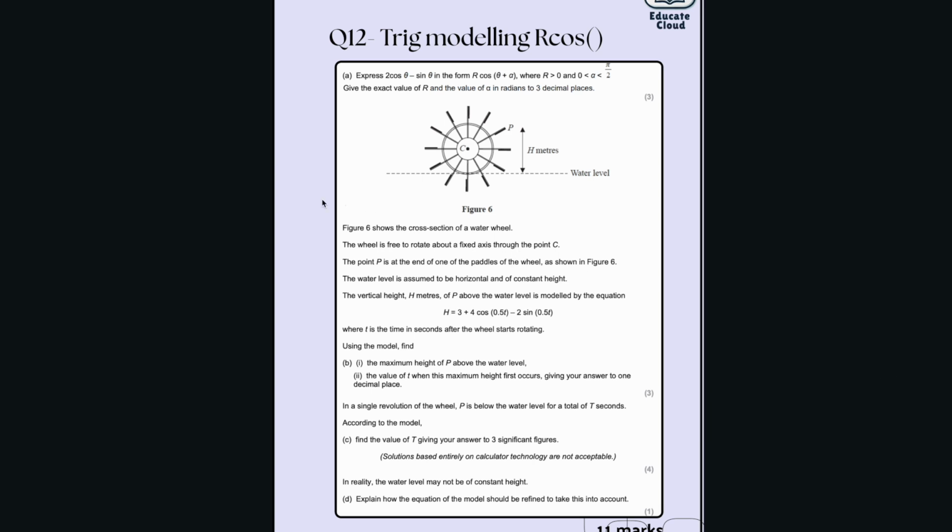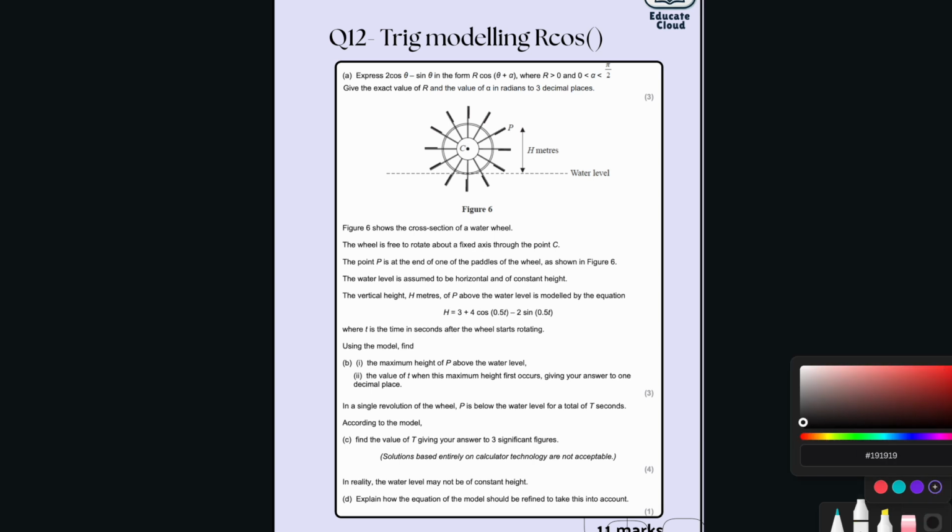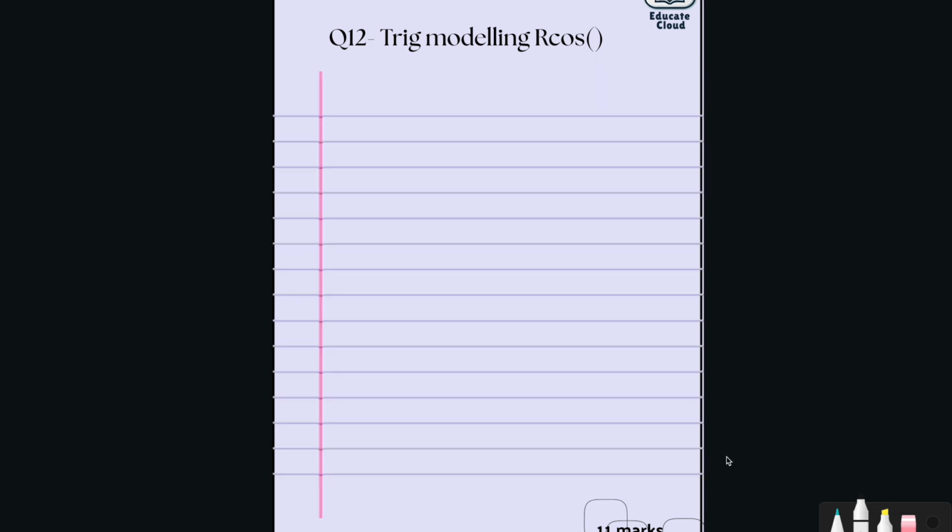So express 2 cos theta minus sine theta in the form r cos(theta plus alpha). So this one's not too difficult. Let's try it.